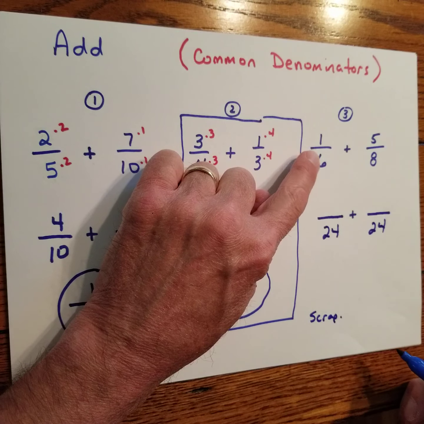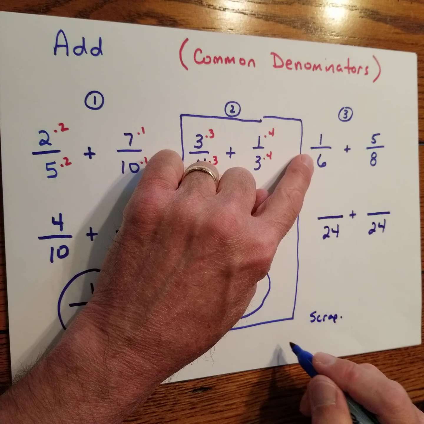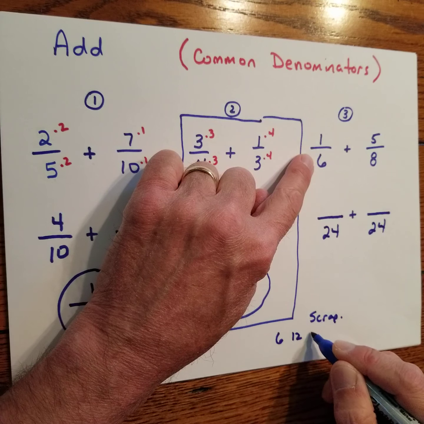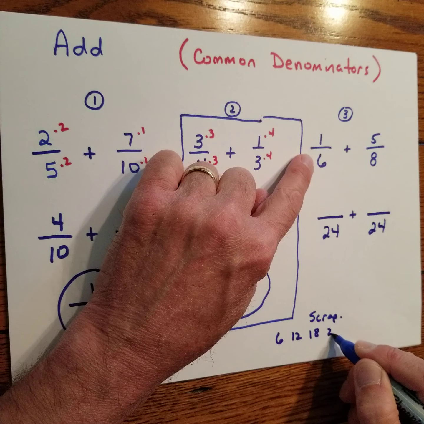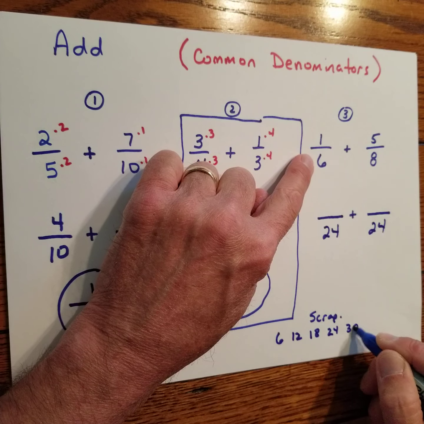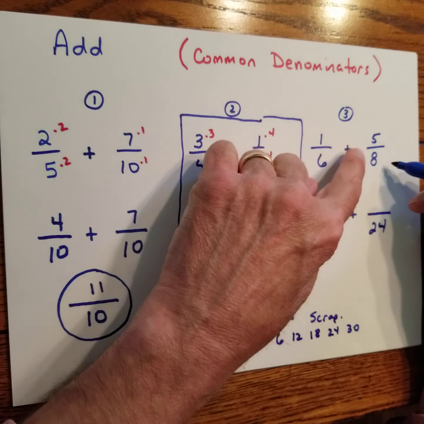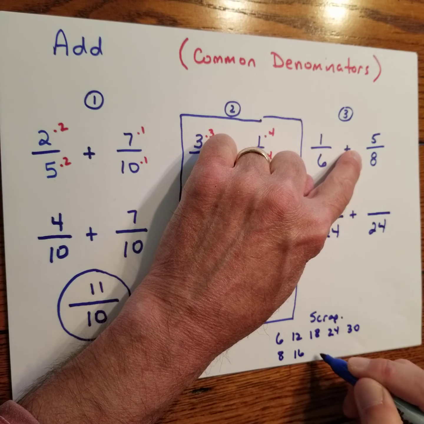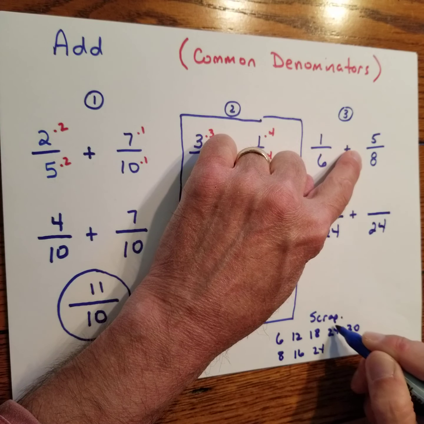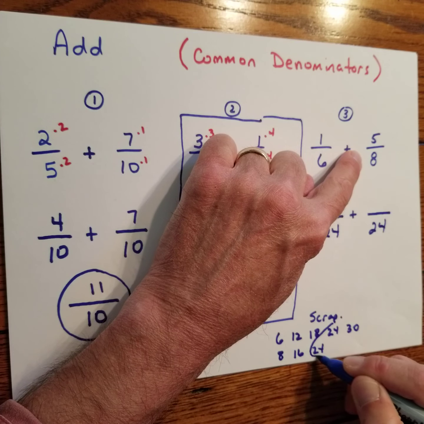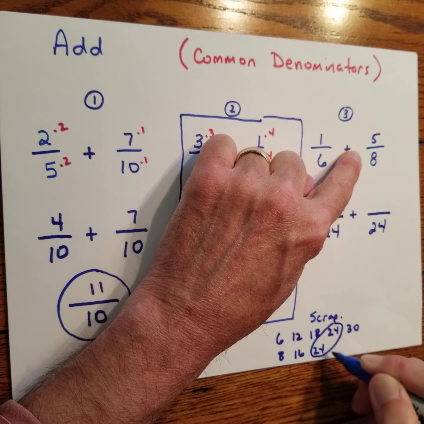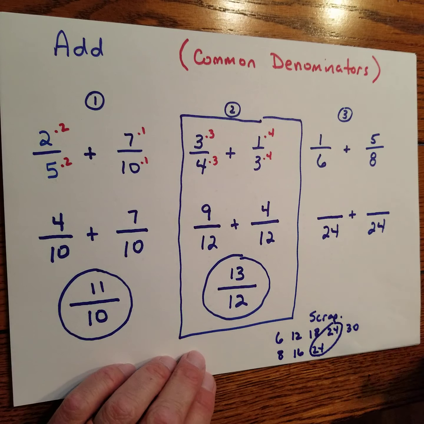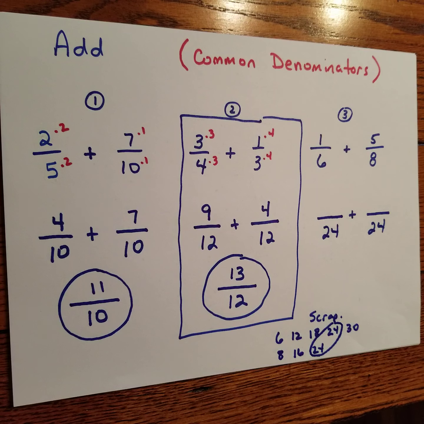And on scrap paper, write down the multiples of 6. 6 times 2, 6 times 3, 6 times 4, 6 times 5. Do the same thing for 8. 8 times 1, 8 times 2, 8 times 3. There it is. As soon as you've got a match, well, there's the smallest number that 6 and 8 will both divide into. 6 and 8 both divide into 24.